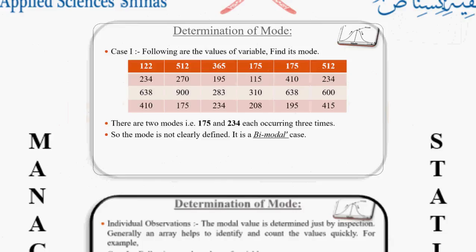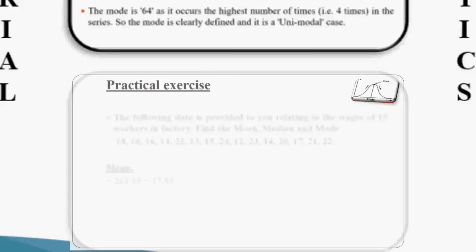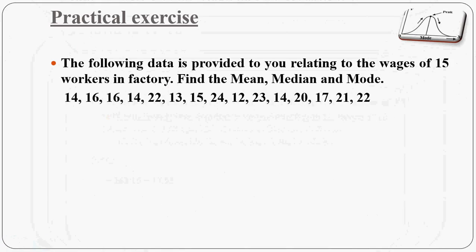Okay. So let us see one more practical exercise. The following data is provided relating to the wages of 15 workers in a factory. Now, you need to calculate mean, median and mode from the data. For mean, no need to arrange.